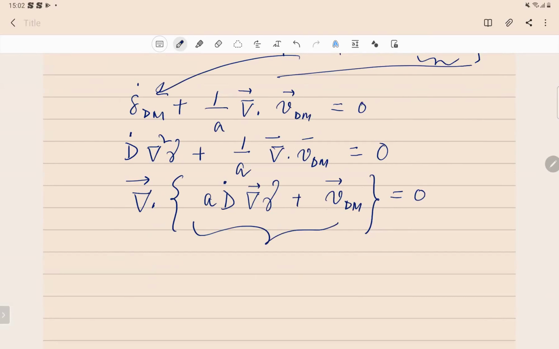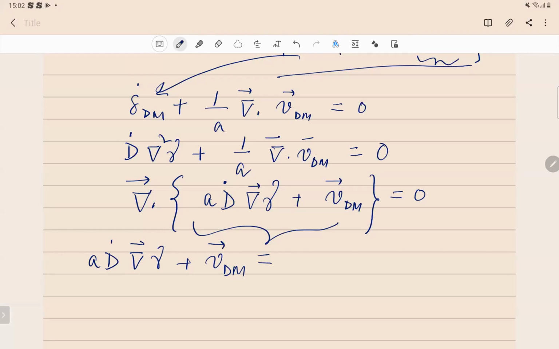Now you know that when a vector field is divergence free, you can basically write it as the curl of something, right? So this entire quantity within brackets would be the curl of something. So let's write that down. So we have A D dot gradient of gamma plus V dark matter.